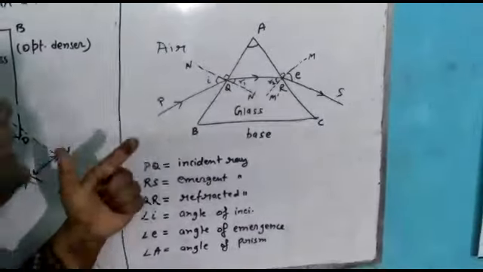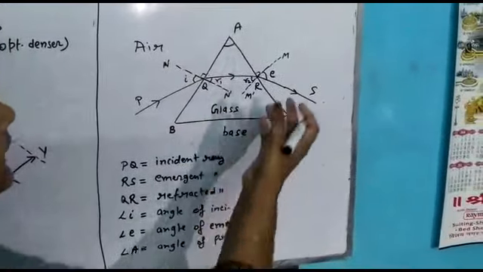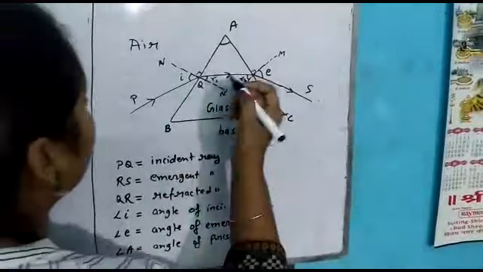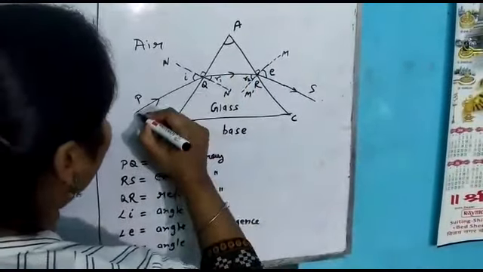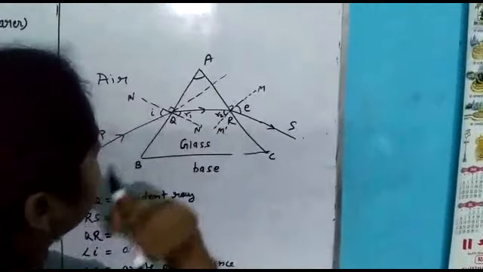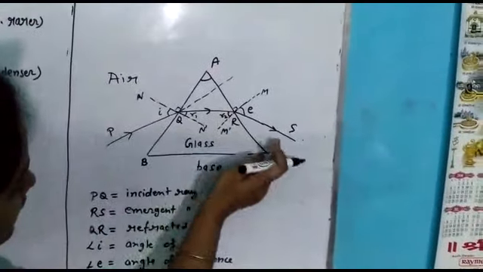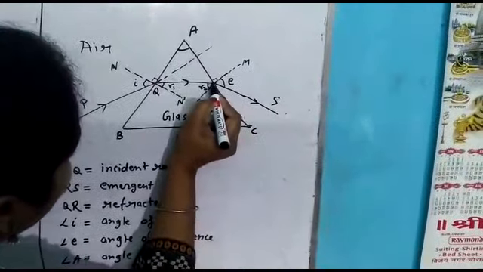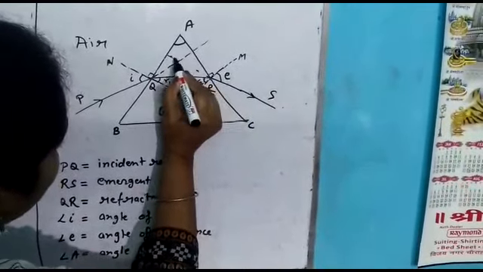Now, let's assume for a second that this prism is absent here. In the absence of this prism, the path of the ray PQ will be like this, and the path of the emergent ray RS will be like this, a straight line.